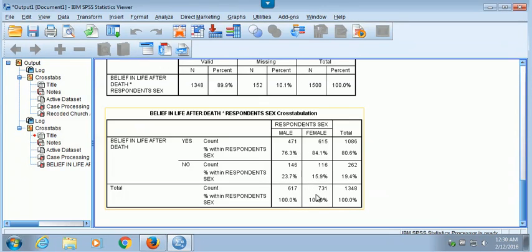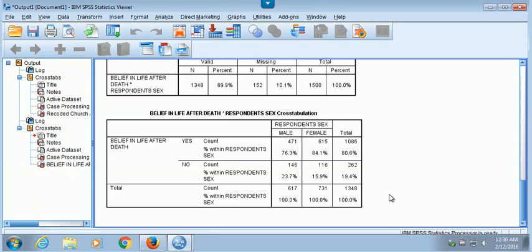Again, it's about an 8% difference, but females are more likely than men to believe in life after death, and males are less likely. So it suggests that women are a little more likely to believe in life after death.